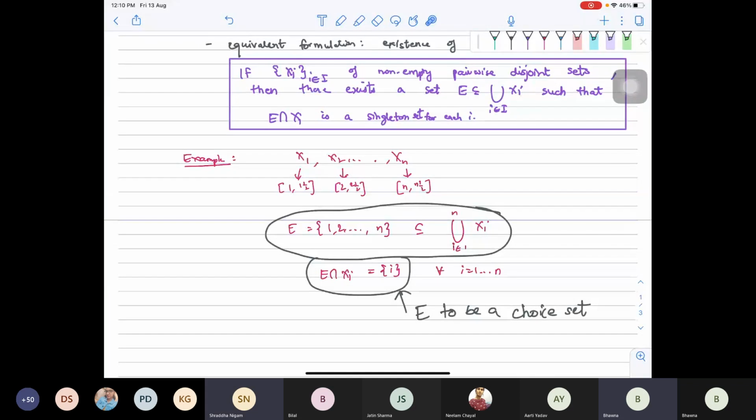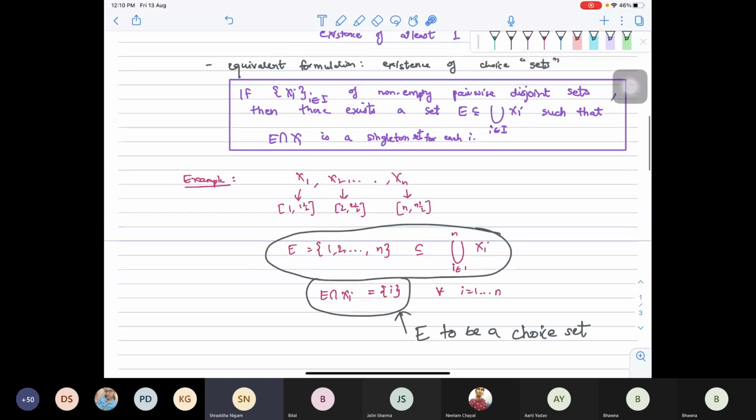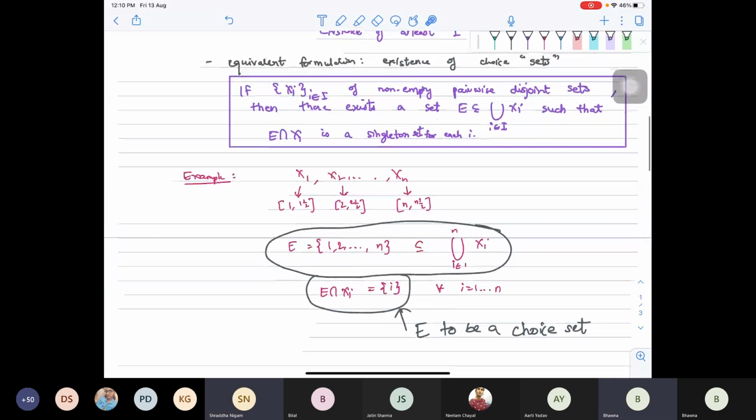Ma'am, is there any reason behind the claim that we have at least one choice set, or is it just an observation we have seen through many of the questions? Okay. So first of all, it is an implication of the axiom of choice, but it also implies the axiom of choice.